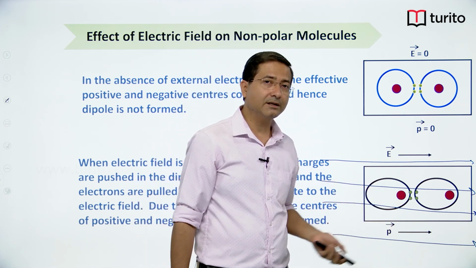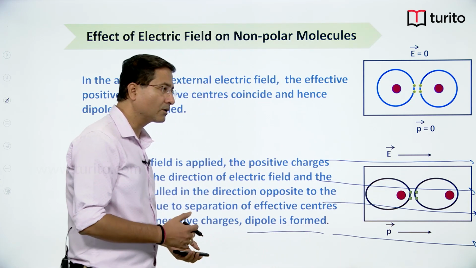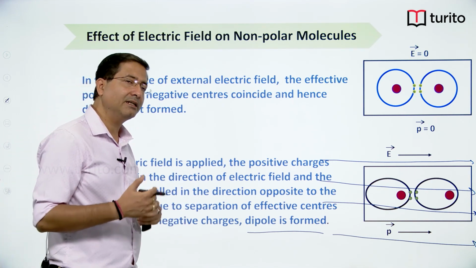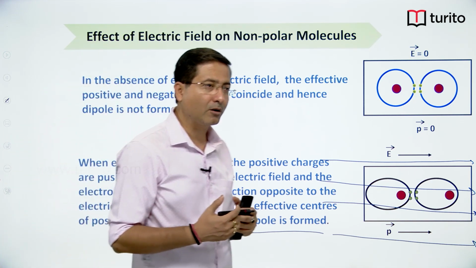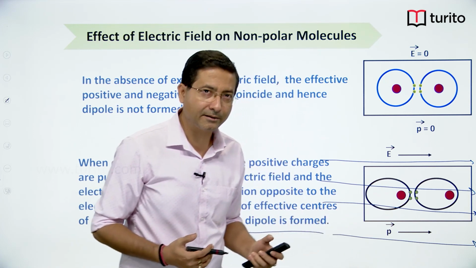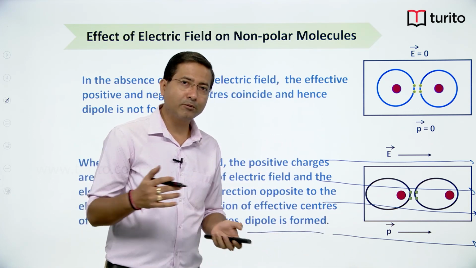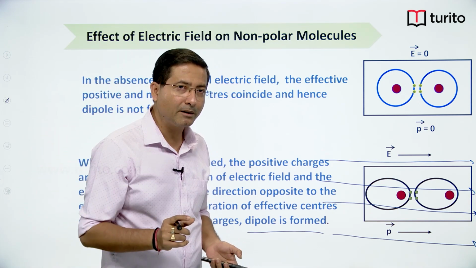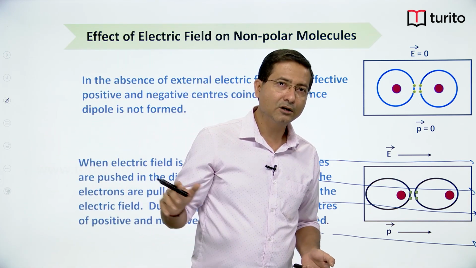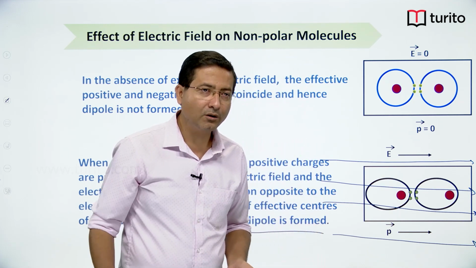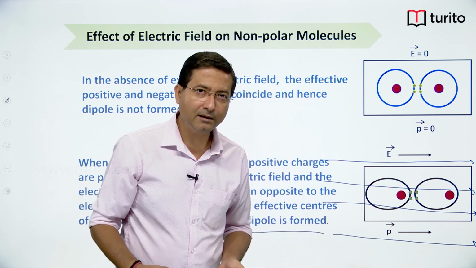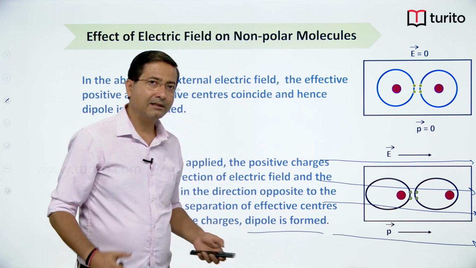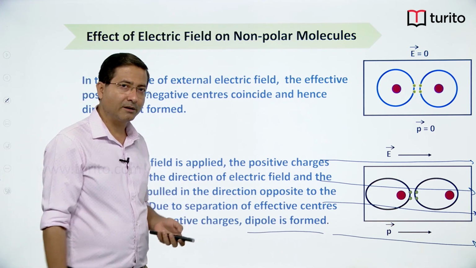In the previous case, we were talking about polar dielectrics. Initially they all had a dipole moment, but the problem was they were randomly aligned, right. So, net dipole moment was 0. Every molecule had a dipole moment, but as they were randomly aligned, the net dipole moment of the material was 0, and when you apply a field, they all try to align themselves along the field, and there is a net dipole moment.